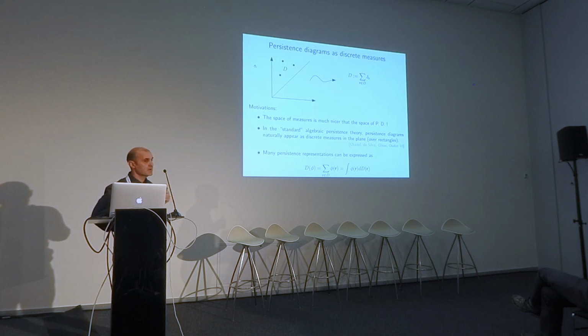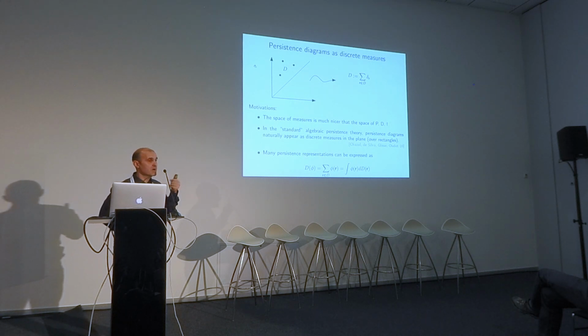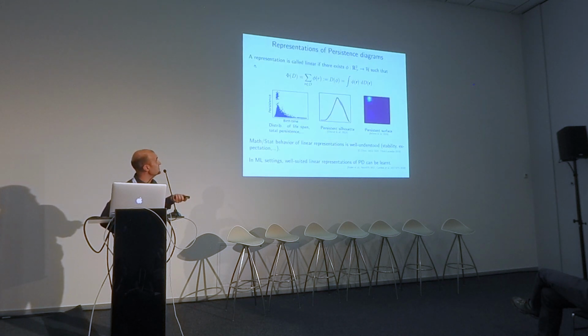The point that interests us here, the main point, is that in fact you can see many ways to vectorize a persistent diagram as linear representations of a persistent diagram. What I mean by linear representation is that many ways to linearize a diagram can be done in the following way.